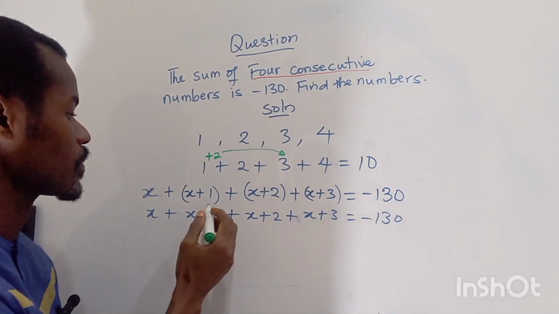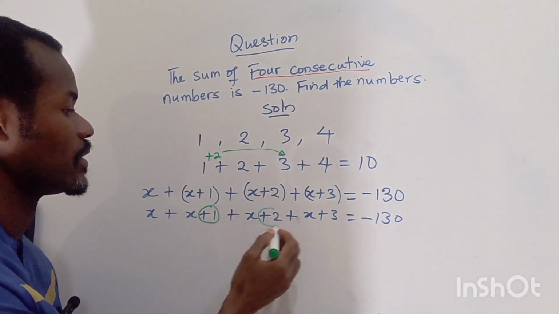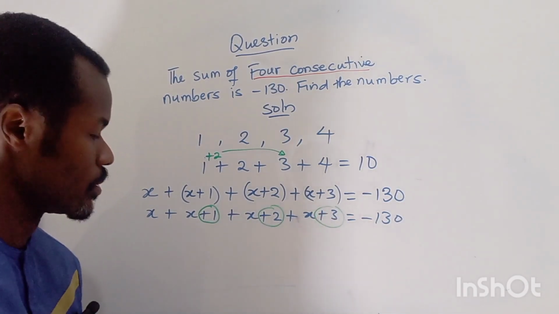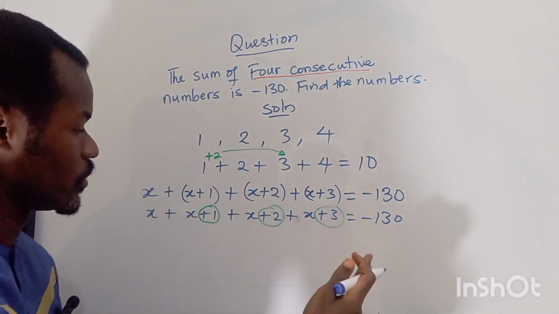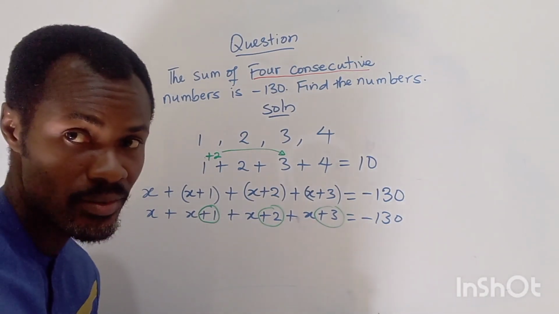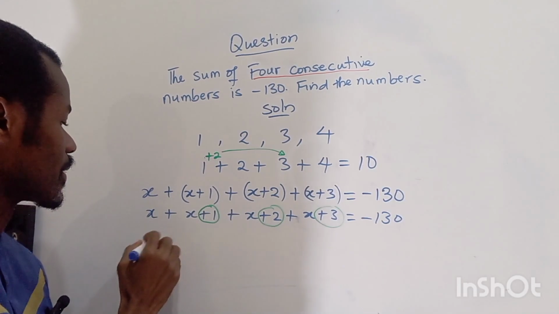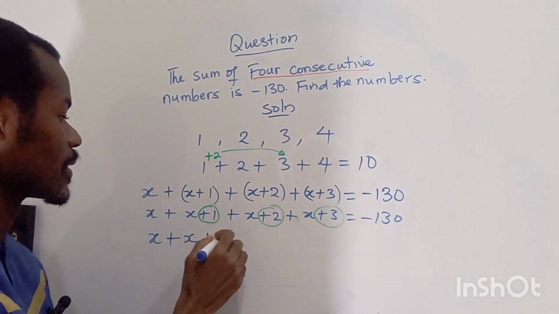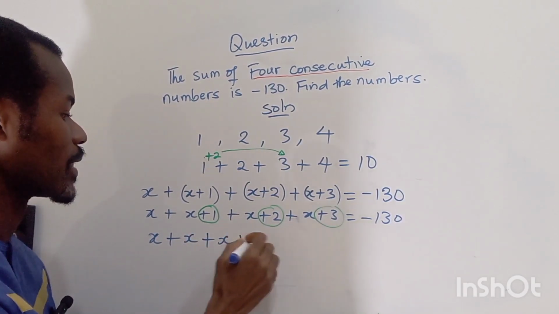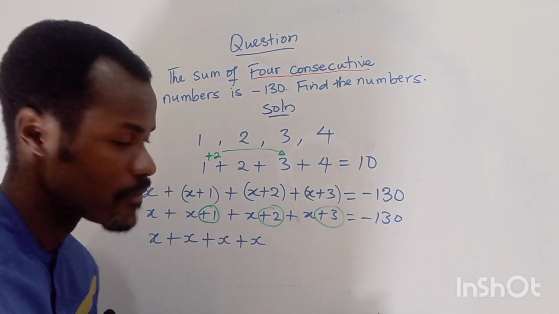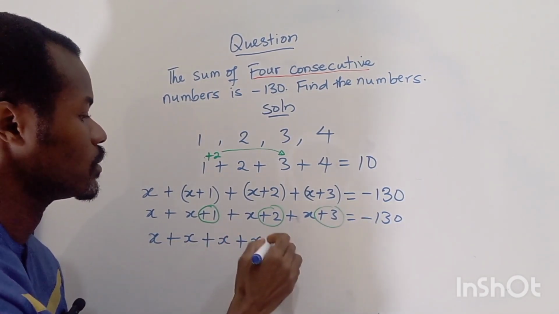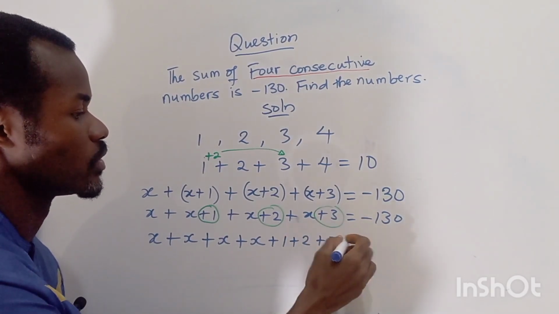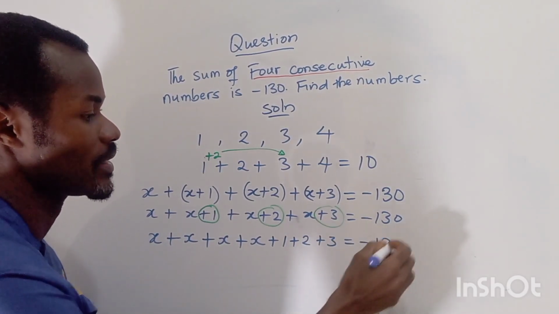We keep the numbers to the right and all the x to the left. So we have x plus x plus x plus x. Now for the numbers, we have plus 1, plus 2, and plus 3, which equals minus 130.